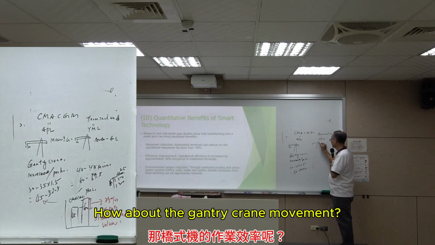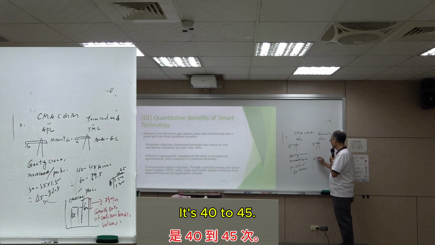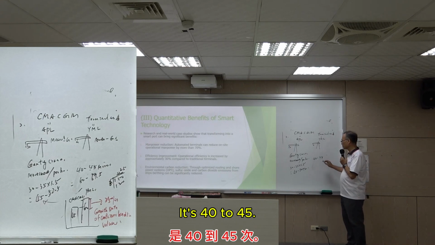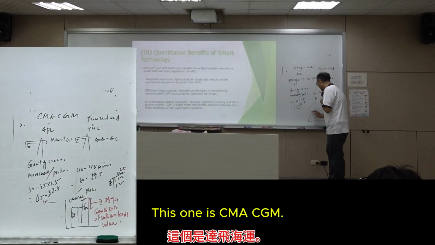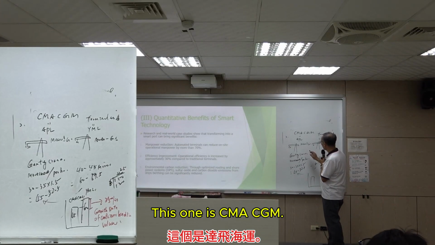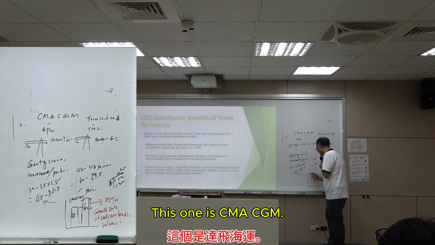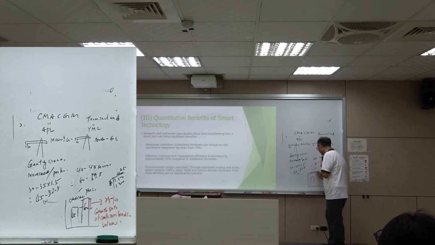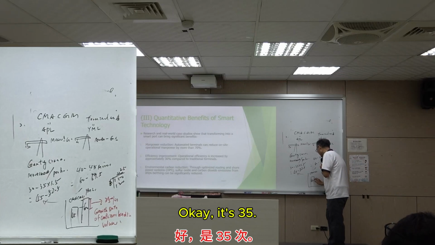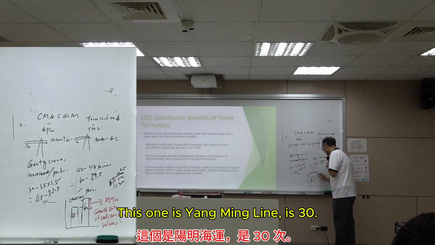How about gantry crane movement? It is 40 to 45. The other one is American, it's CM, 35. This one, Yangming Line, is 30.